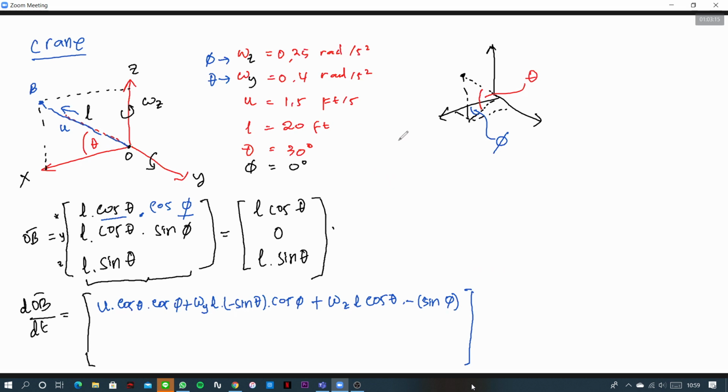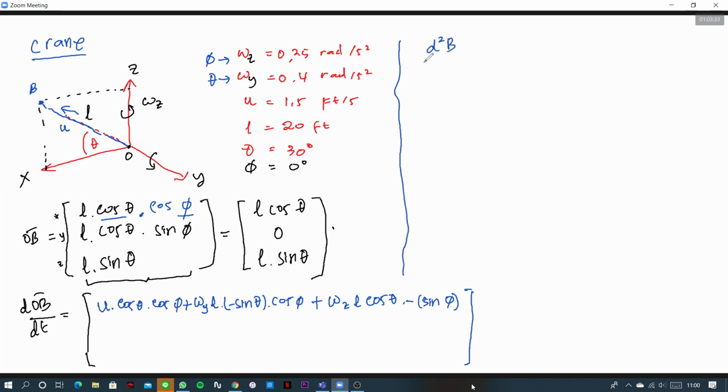So we have to derive again. I will write it down here. So d square OB dt square. So basically we derive what we got here from velocity again with respect to time.